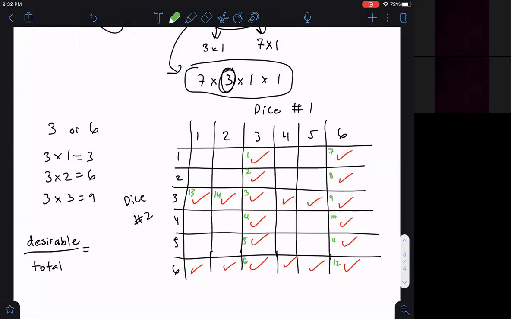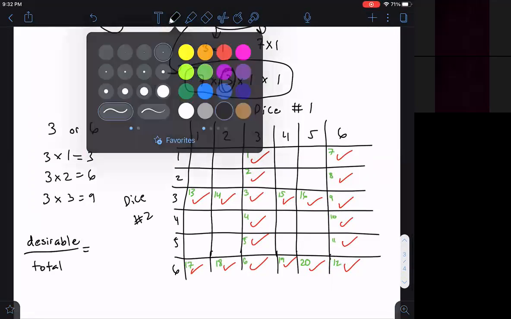We don't want to double count. 15, 16, again, we're not going to count this. Then finally, we have 17, 18, again, we're not going to double count that. 19, and finally 20, we're not going to double count this one. So our desirable is 20.